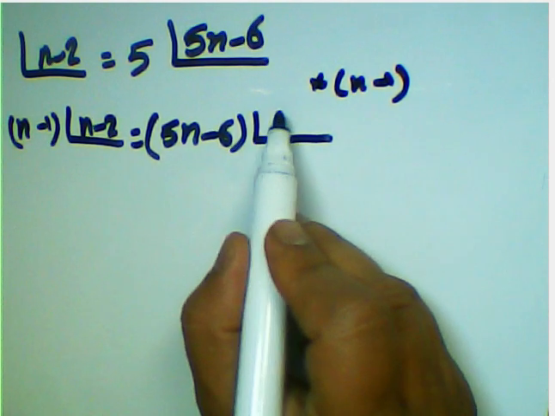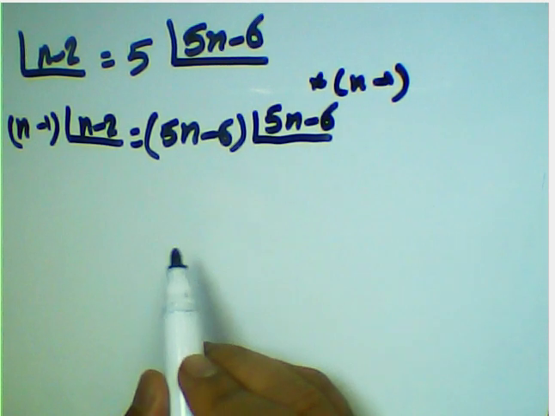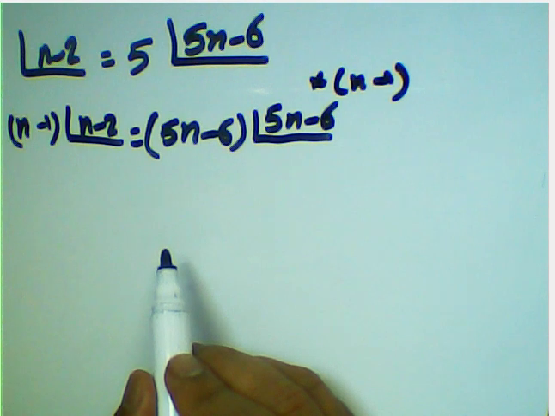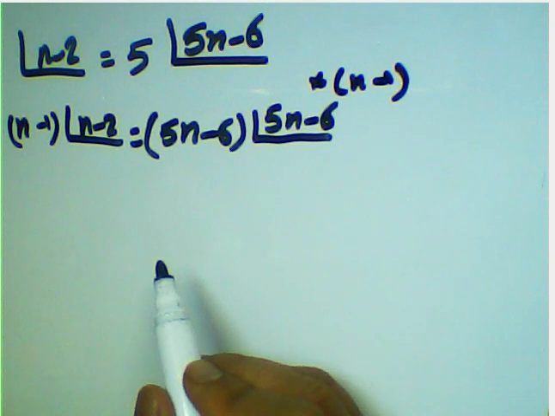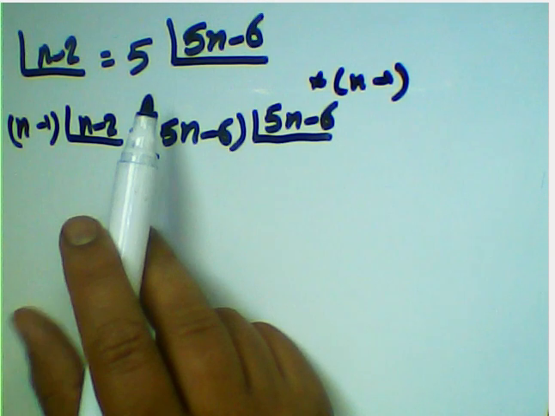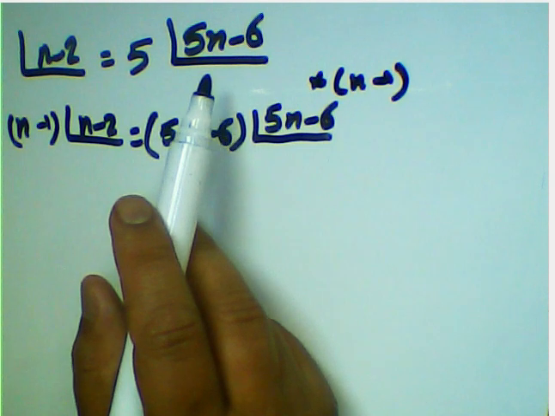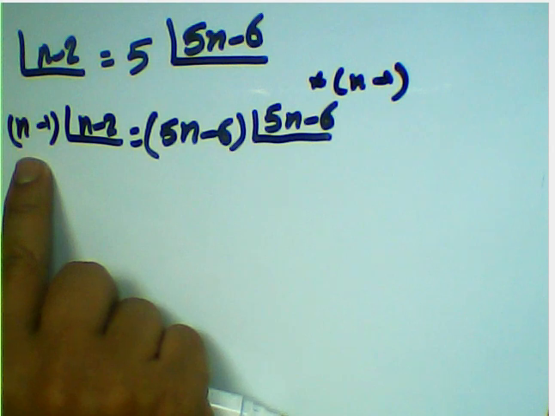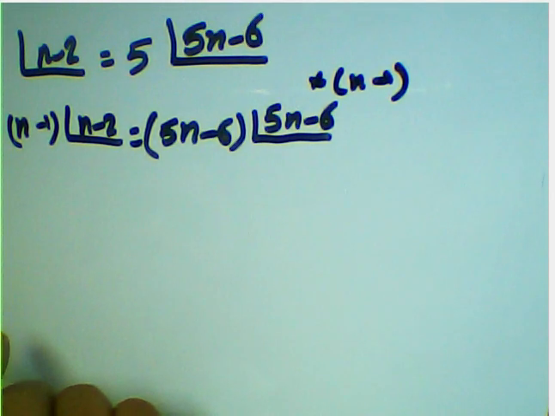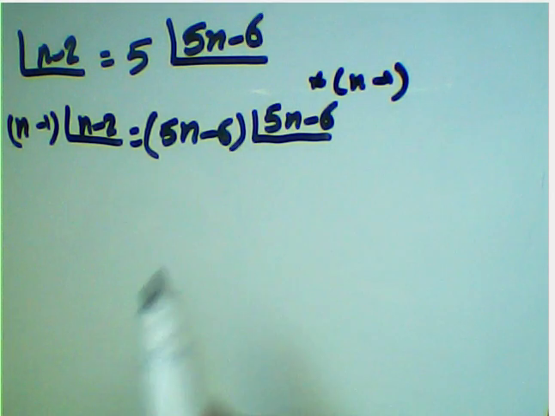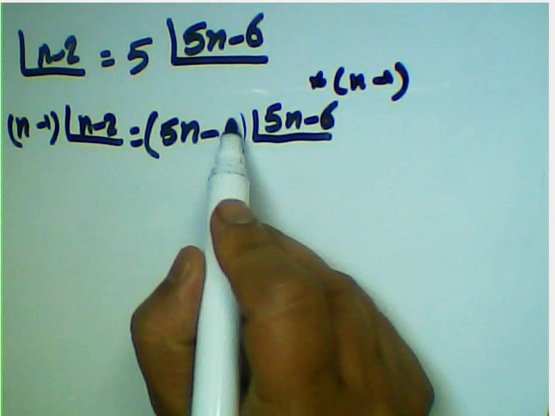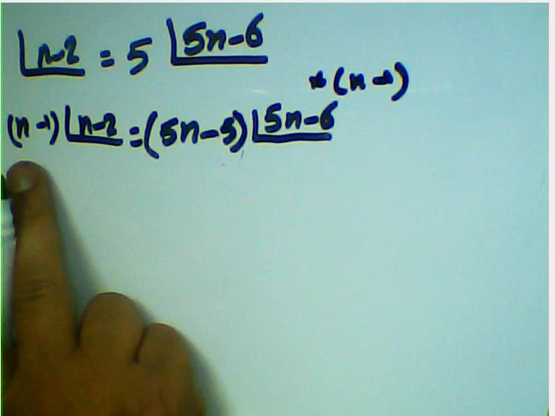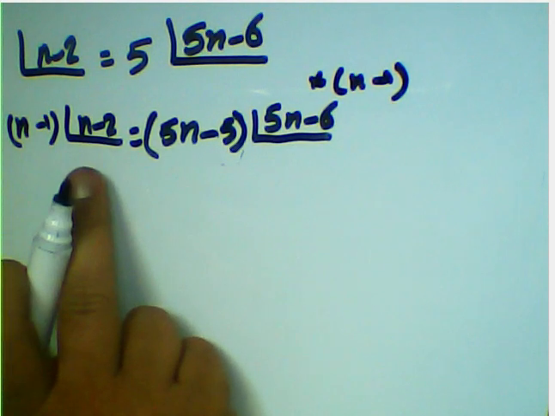Multiplication factorial by 5n minus 6. Again, we have in this example 5 outside, factorial 5n minus 6, and factorial n minus 2. And multiplication factorial n minus 2, left hand side, right hand side, it will be 1 times 5 equal 5. Understood? And we can write n minus 1 inside.